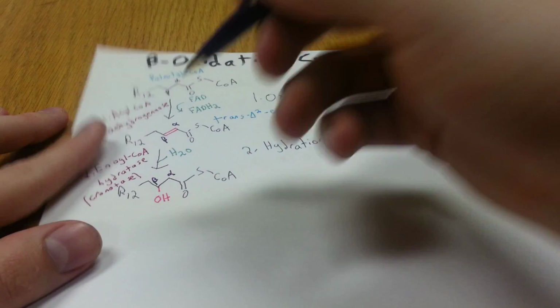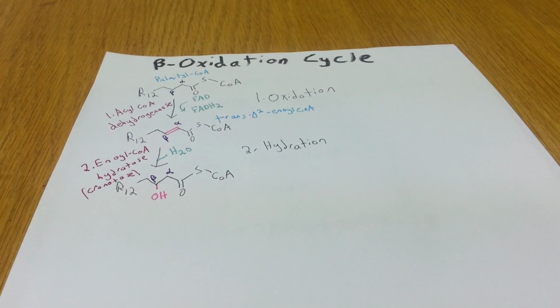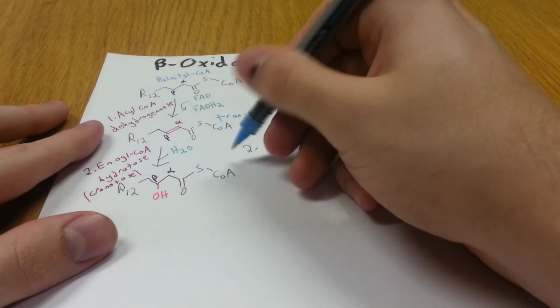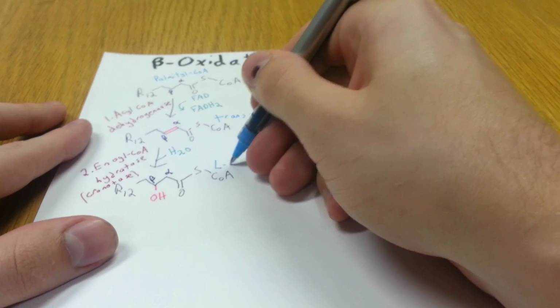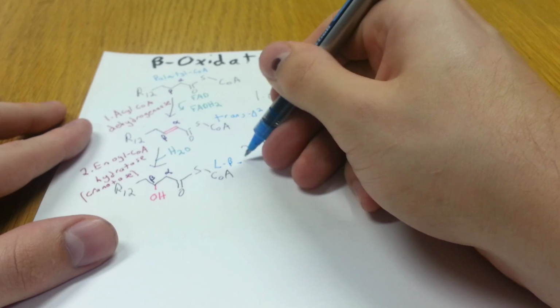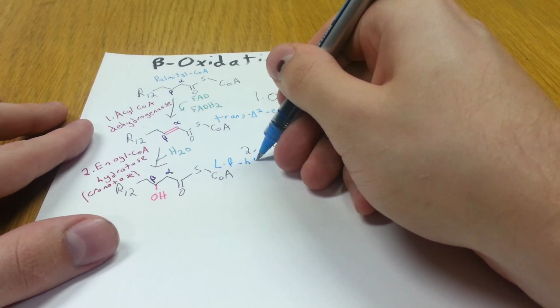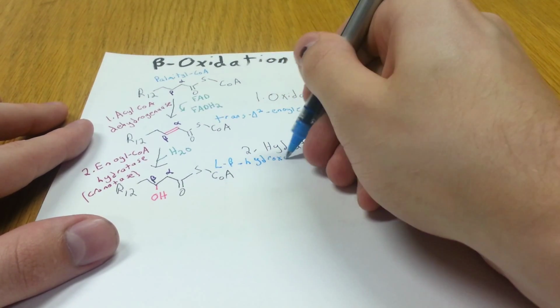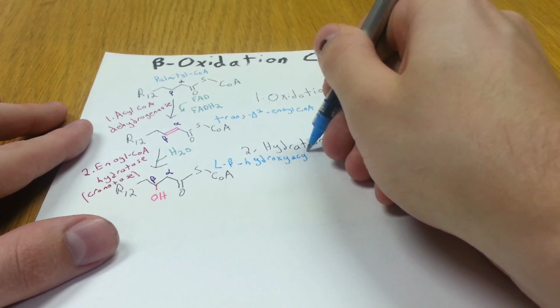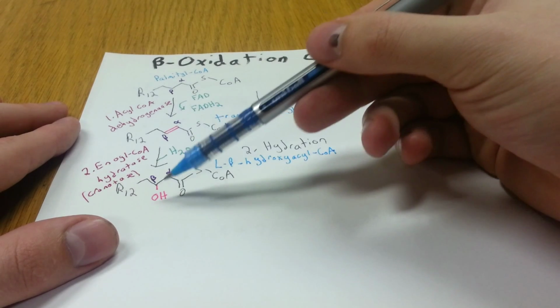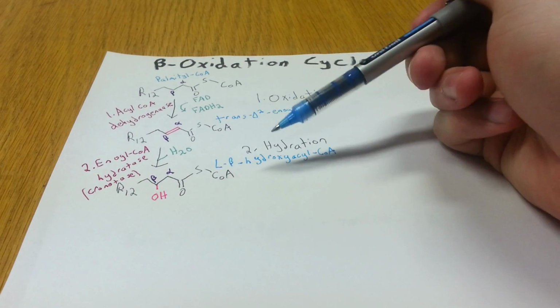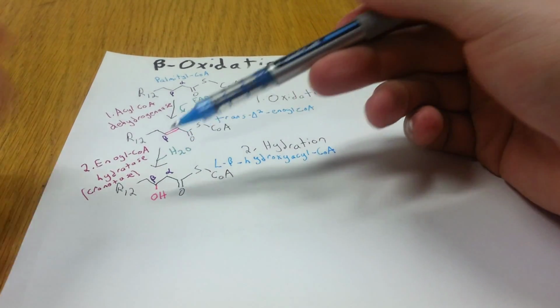Now, following our hydration step, this gives us the compound with a kind of annoying name of L-beta-hydroxyacyl-CoA. And beta hydroxy is for the hydroxyl group being on the beta carbon.